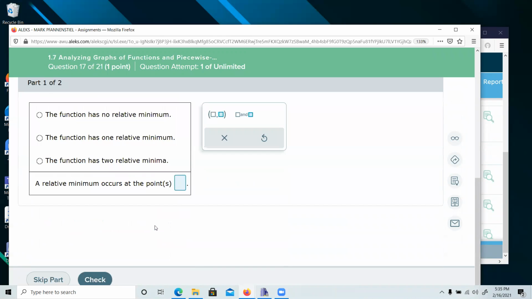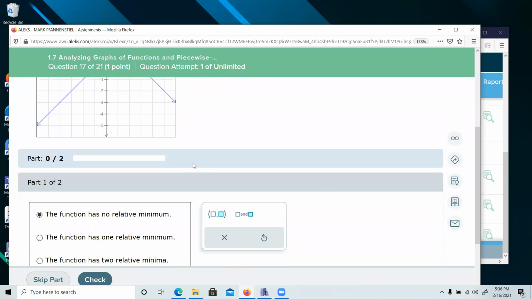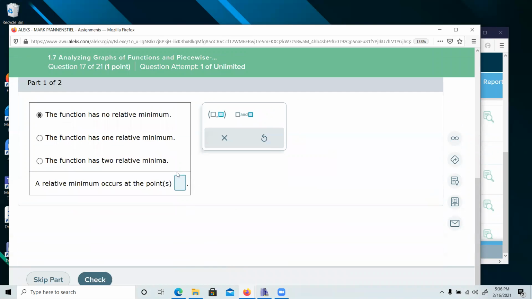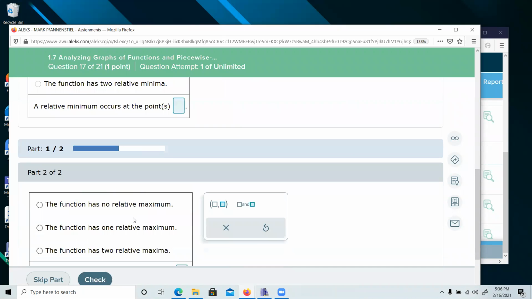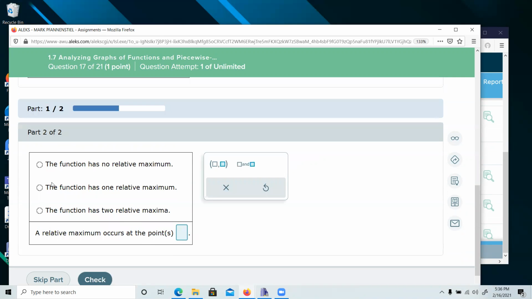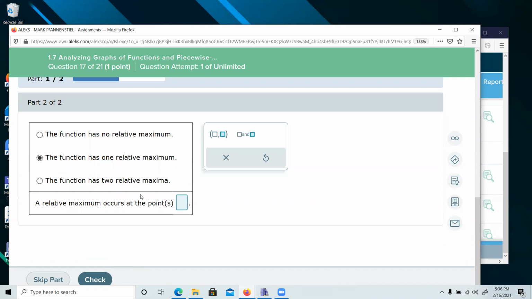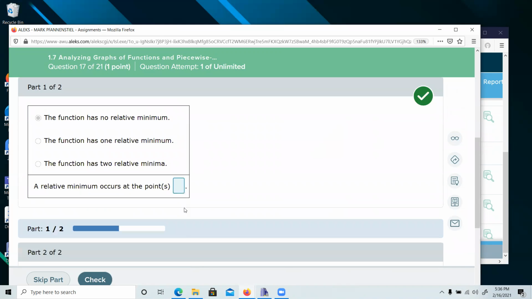So this function has no relative minimum because it just goes down into the depths of infinity. And it does have a relative maximum. You can have more than one. But we have one relative maximum, and it occurs at the point (1, 2).